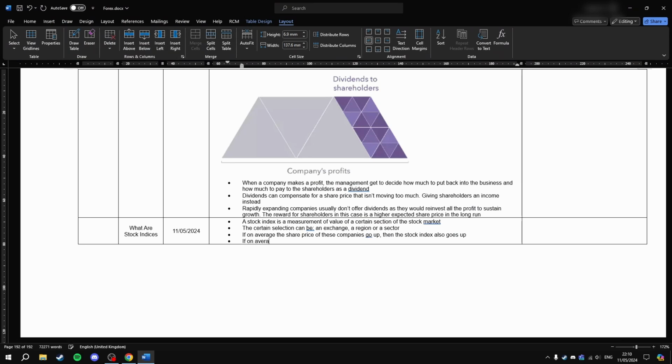If on average the share price of these companies goes down, then the stock index also goes down.